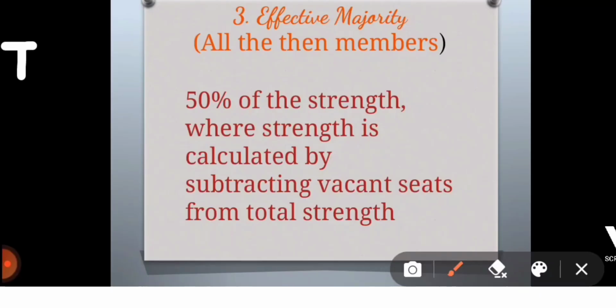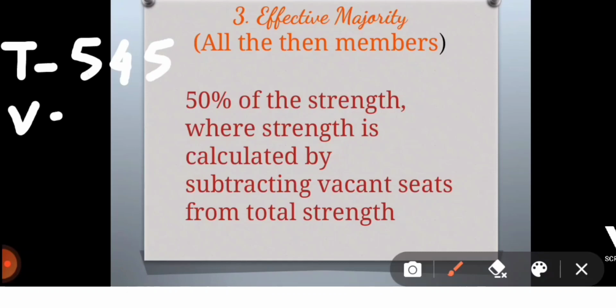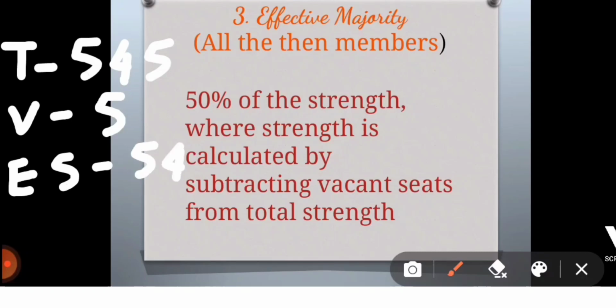The total strength of Lok Sabha, 545. Suppose there are 5 vacant seats. So, the effective strength would be 545 minus these vacant seats 5, which will be 540. Right? Okay. That is, the effective strength is 540.